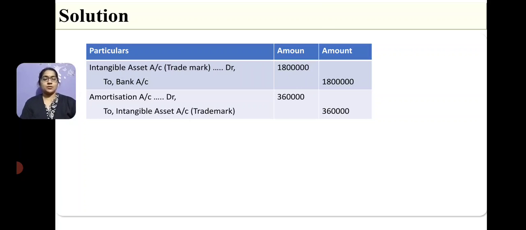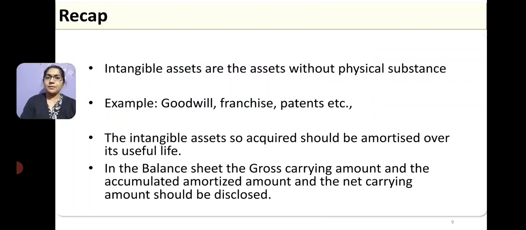Okay. So, let us have a quick recap. In this we discussed that intangible assets are those assets which do not have any physical substance, for example, goodwill, franchise, patents, and so on.